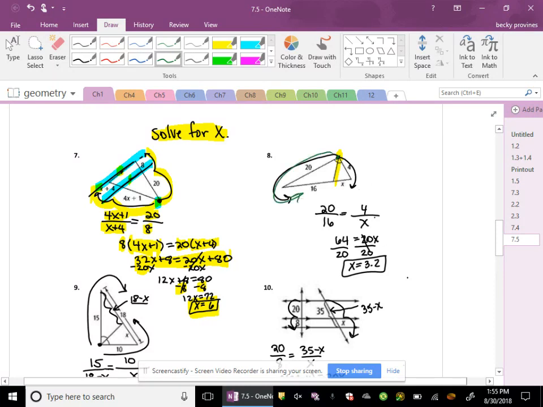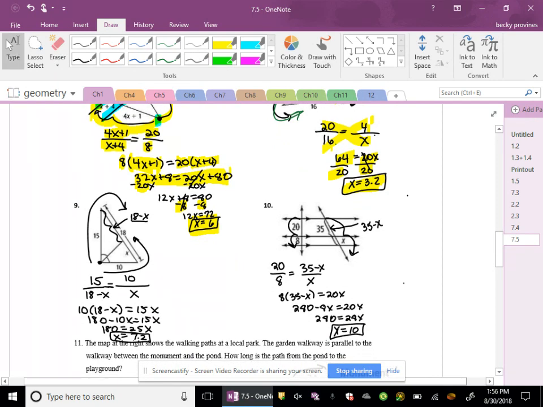So I have 20 over 16. Sorry about that, 20 over 16. Then I have 4 over x. Now, once you have your proportion made, you're just going to cross multiply. So 16 times 4 is 64. And then 20 times x is 20x. Divide by 20, and I get x is 3.2.